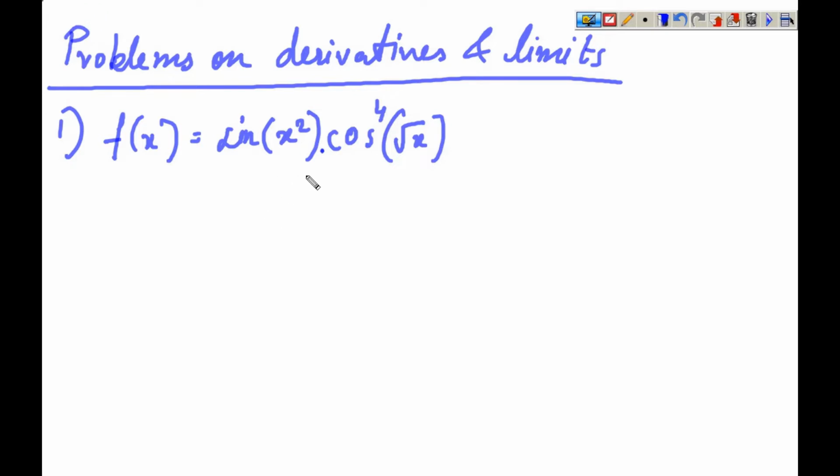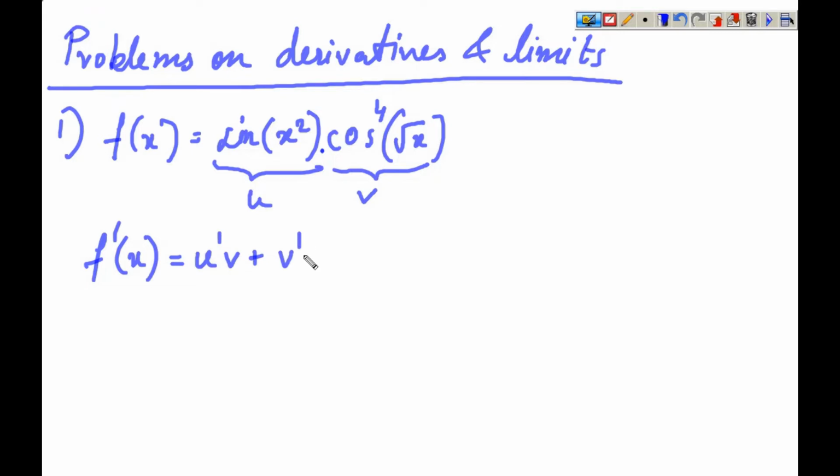So we have two functions here, and to differentiate it I have used the product rule. We can define this one as u and this one as v. So we know that the derivative of u times v is u dash v plus v dash u, where dash is the derivative of that particular function.